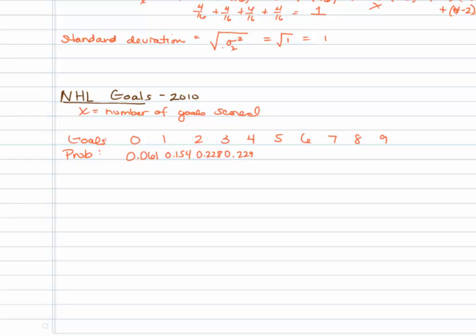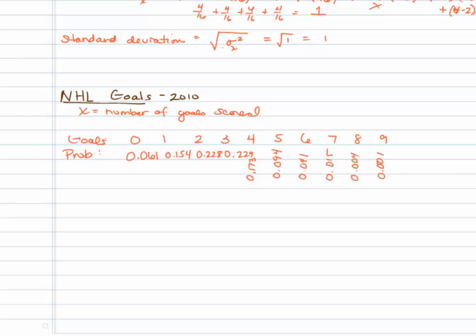This is not going to work. I'm going to put 4 over here. 0.173, 0.094, 0.041, 0.015, and very small amounts that were actually 8 or 9 goals in the end.